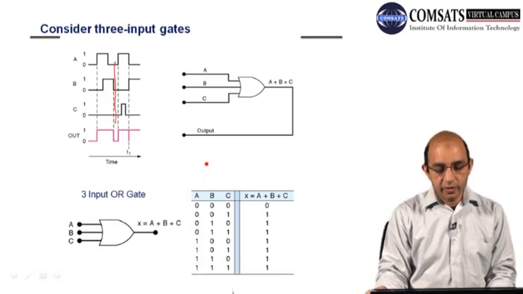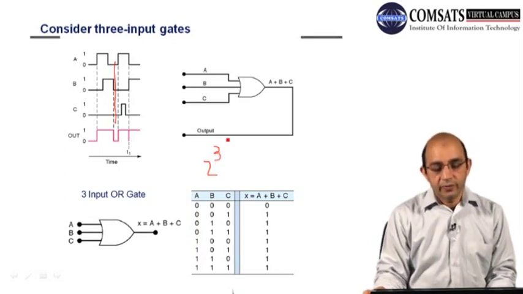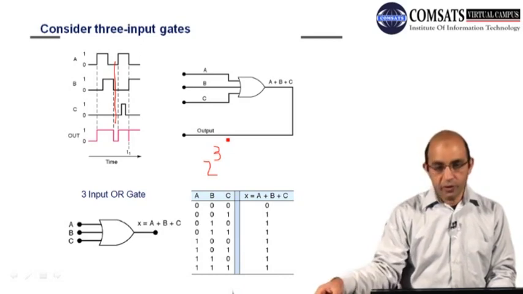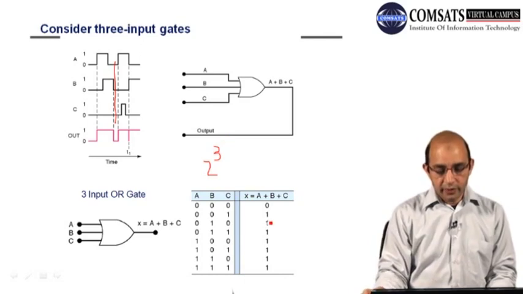So 2 raised to the power of the number of inputs. It means we can have 8 different combinations for a 3 input OR gate. So whenever we have a 1 on any one of these 3 inputs, we will get 1, right?